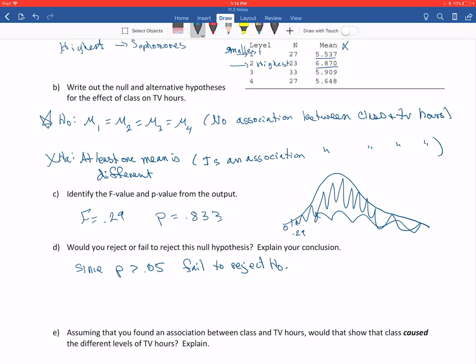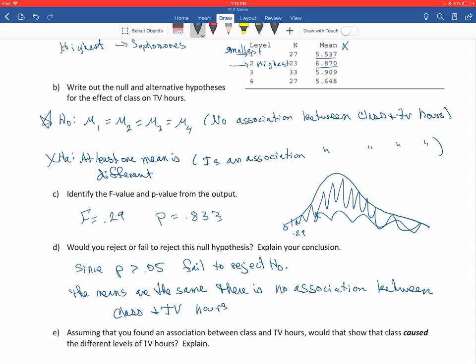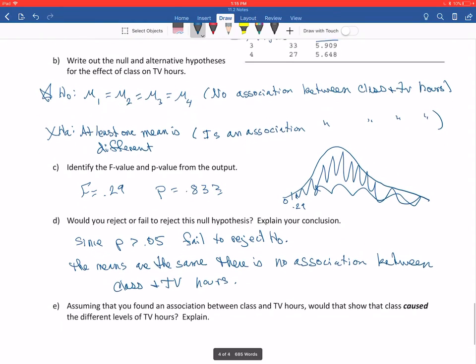So it looks like there isn't any association here. The means are all basically the same. So there is no association between class and TV hours. We don't find any kind of an association.